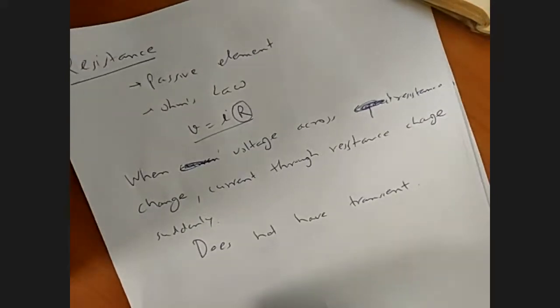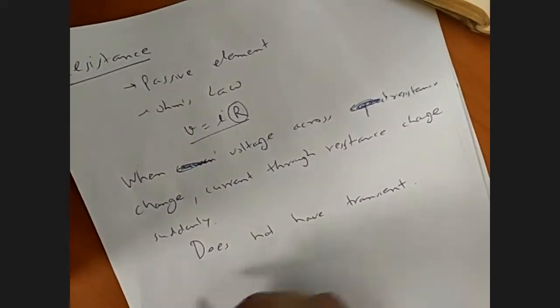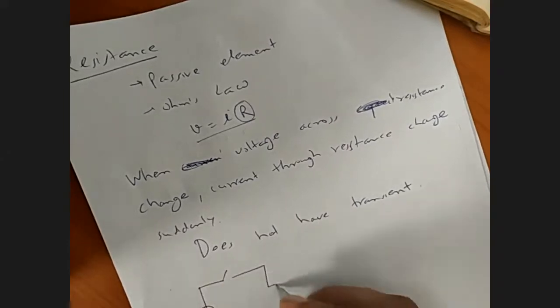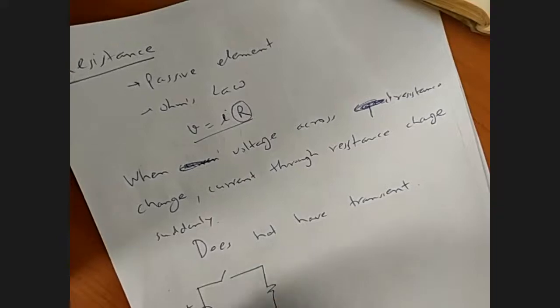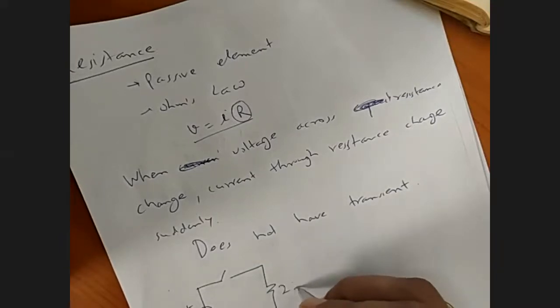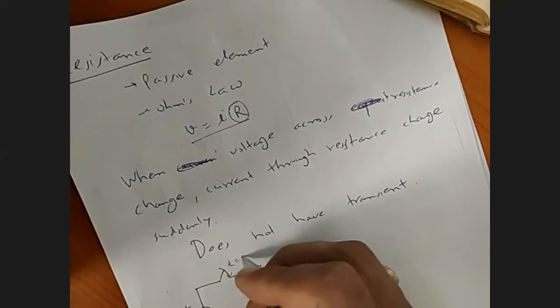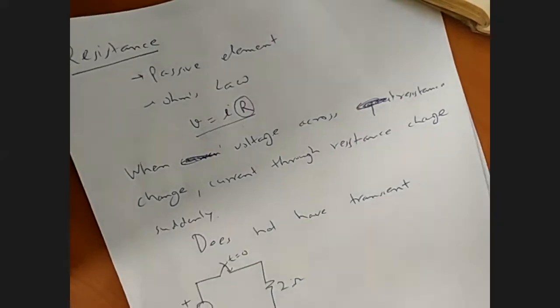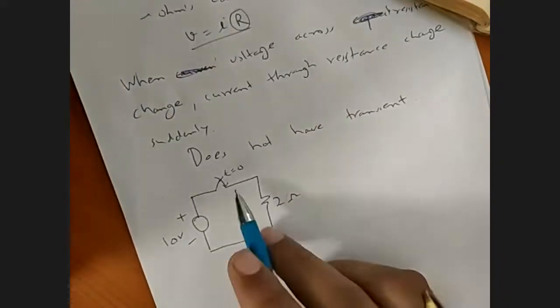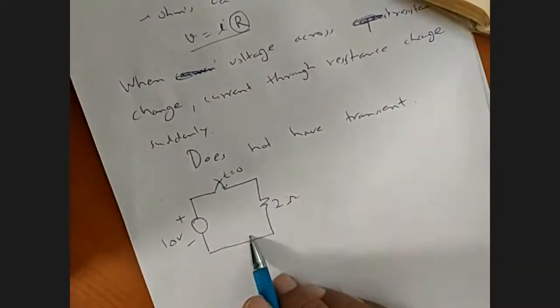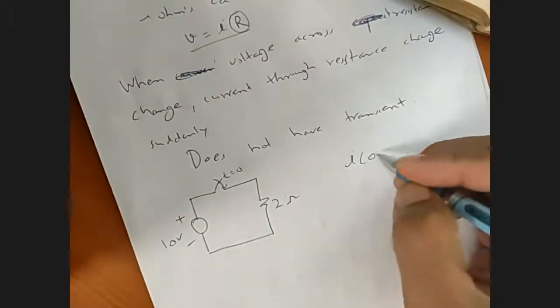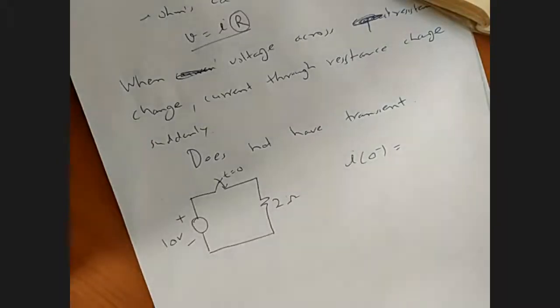That means, when, like, at t equal to 0 this switch is closed, I0 minus, just before, the current will be 0 because it is an open circuit, so there will be no current flowing in the circuit.